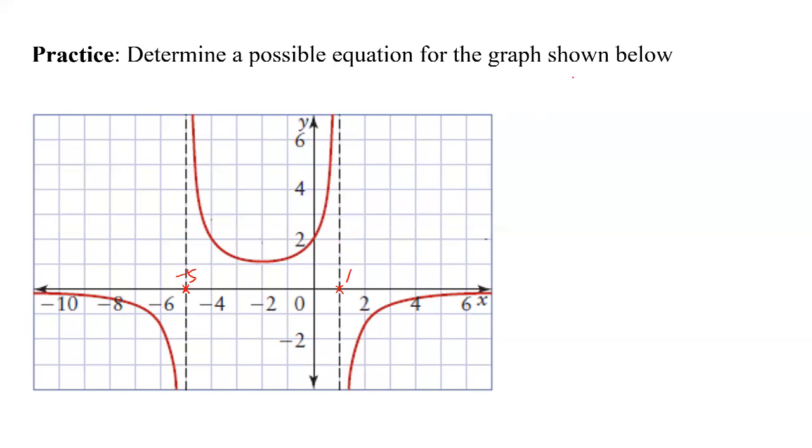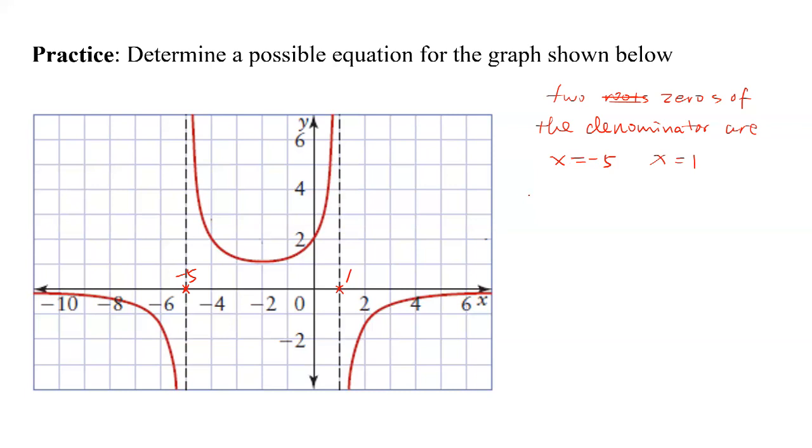So that means the two zeros of the denominator are x equals -5 and x equals 1.